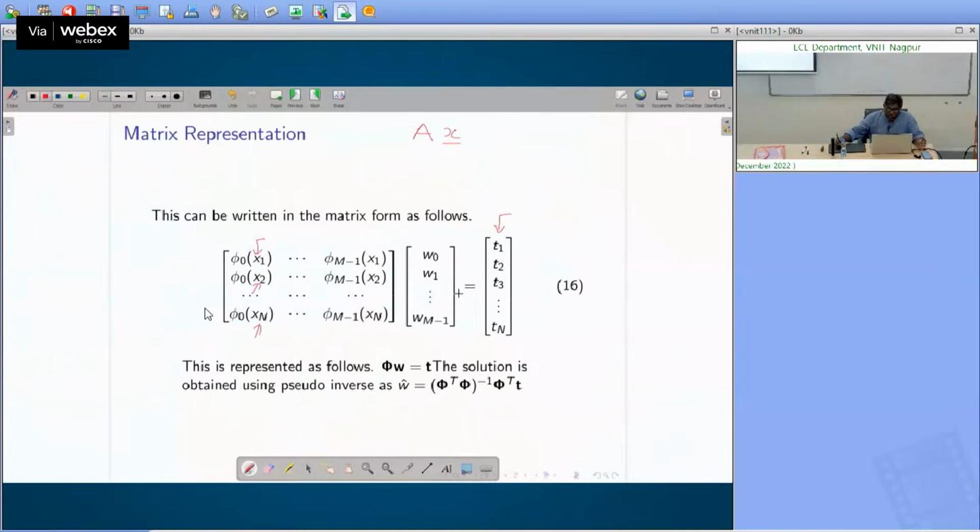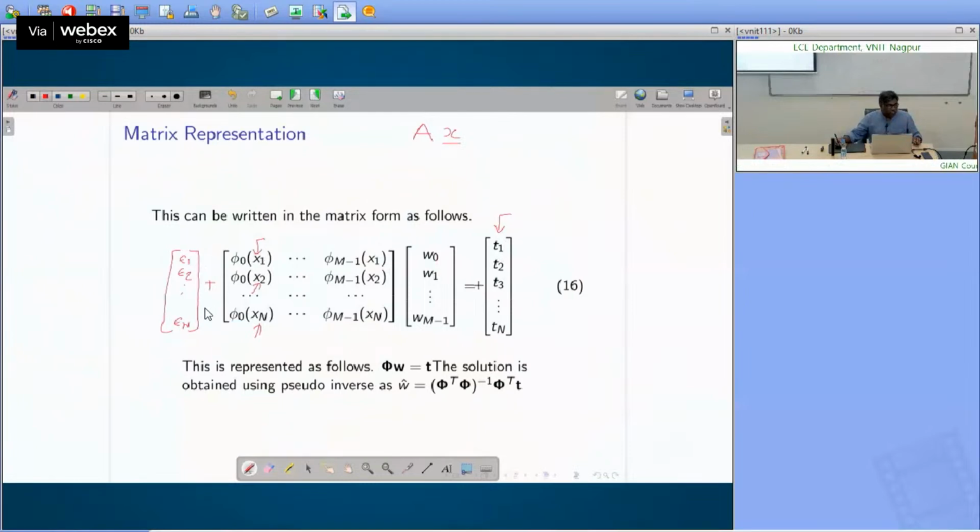In fact, this needs to be added with the noise component, epsilon. For every row, this row multiplied with this column gives a single scalar, and that is added with some outcome of epsilon, something like epsilon 1, epsilon 2 and so on. These are the outcomes of the random variable epsilon which contributes the noise.